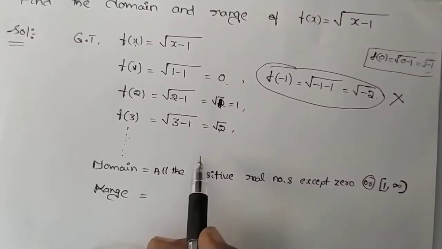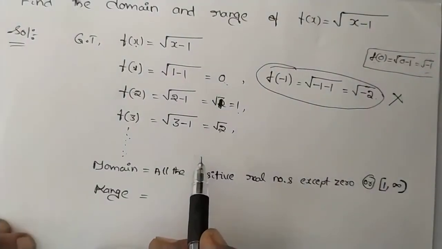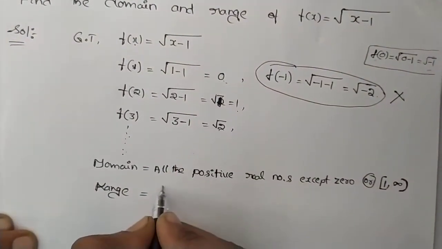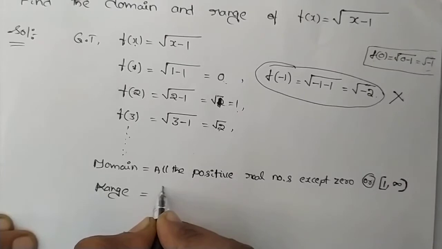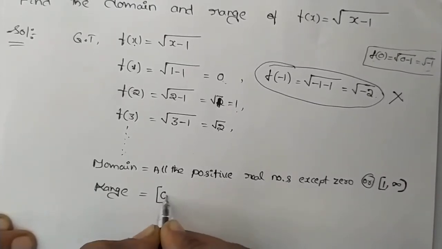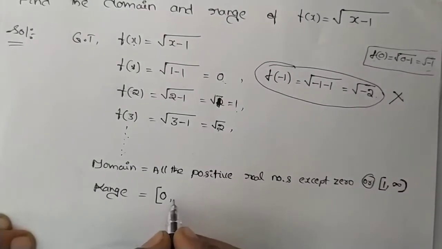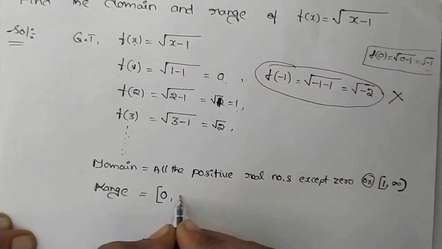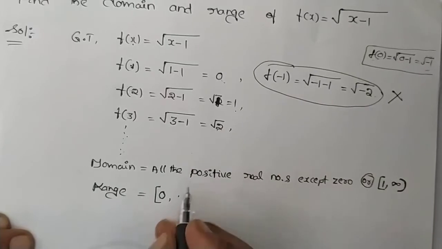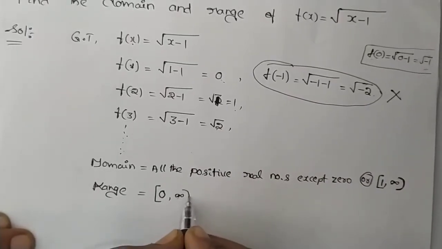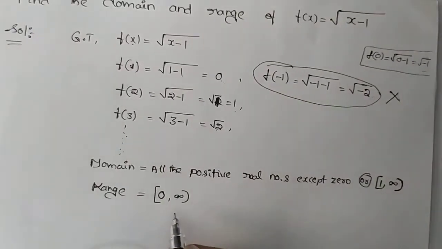Like that we are getting the values. Then what will the range be? 0 is included, up to the positive numbers, up to plus infinity. 0 to plus infinity.